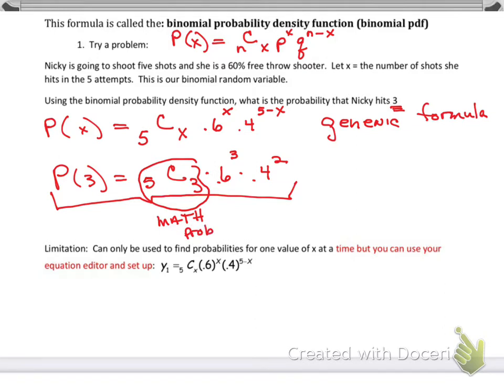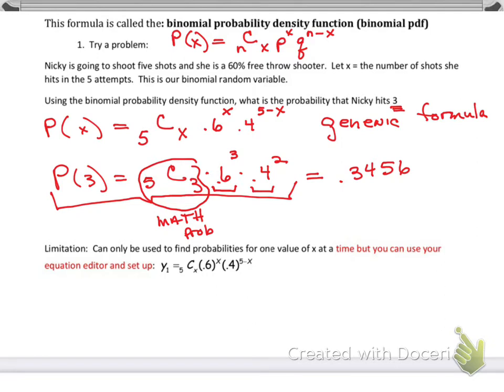So when I do it on my calculator, I need to put the 5 in first, then go to math probability and grab the nCr, and then end it with a 3. And then we're going to use just 0.6 raised to the 3 times 0.4 raised to the 2. And when you do that, you should be getting 0.3456.